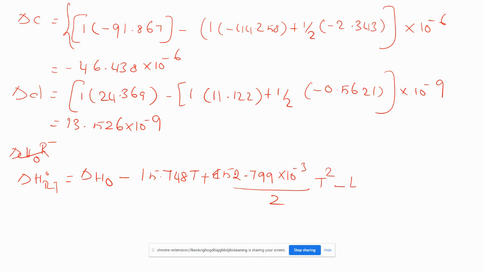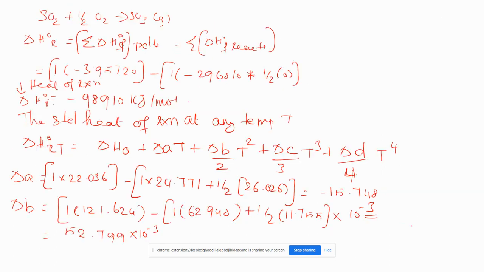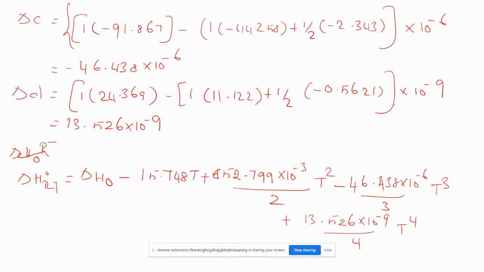Del C is minus, so 46.438 into 10 power minus 6 by 3 T cube plus del D by 4 into T power 4. So that is 13.526 into 10 power minus 9 by 4 into T power 4. This formula we are substituting. Okay, so now we have substituted.